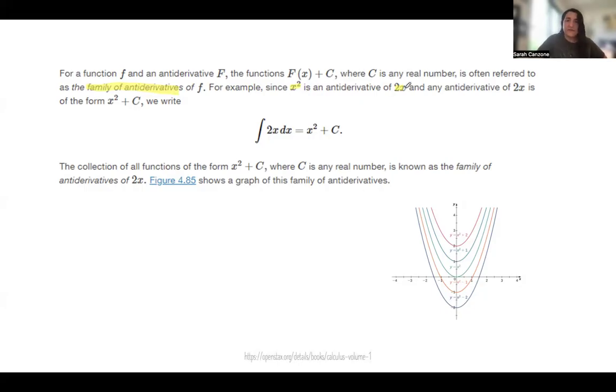So the antiderivative of 2x would be x squared. Then we know the antiderivative of 2x is going to be x squared plus c, because we always have to add c when we don't have any initial conditions. So the collection of all x squared plus c would just look like this. Again, this is just more for your own understanding. I'm not going to ask you to create a family of functions or anything like that.